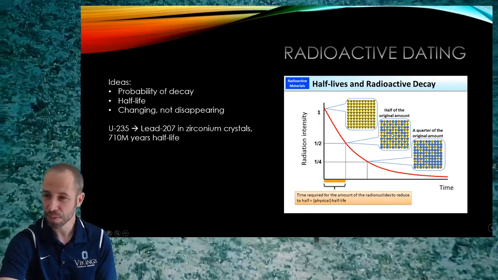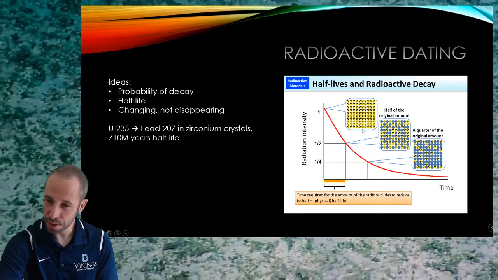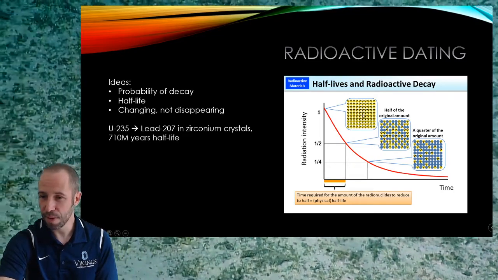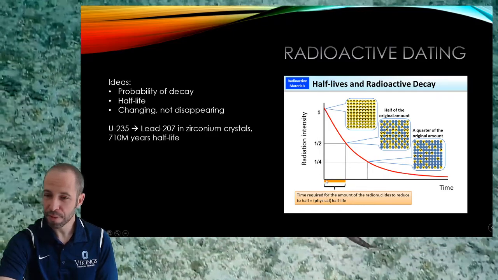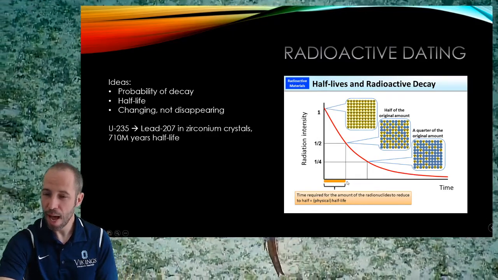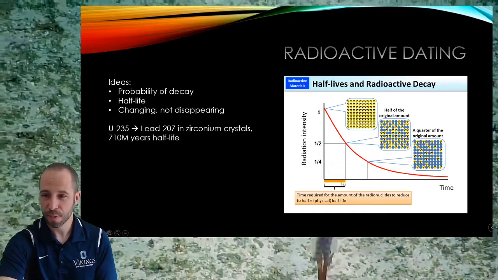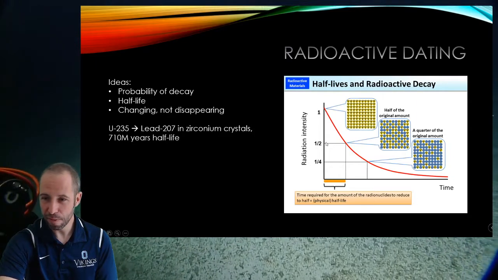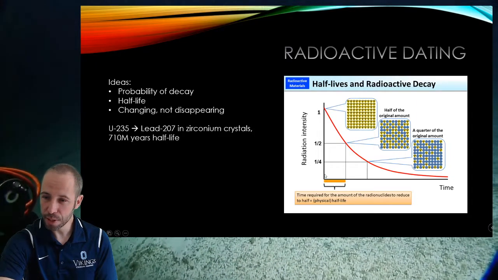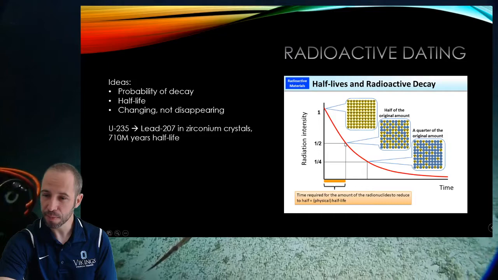Sorry, I said that. So here's a question. How much lead did we start with? Oh, none. After 710 million years, how many grams of lead do we have? Well, in my previous example, if we're talking about 10 grams total, we went down to 5 grams of uranium, which means we'd actually go up to 5 grams of lead.